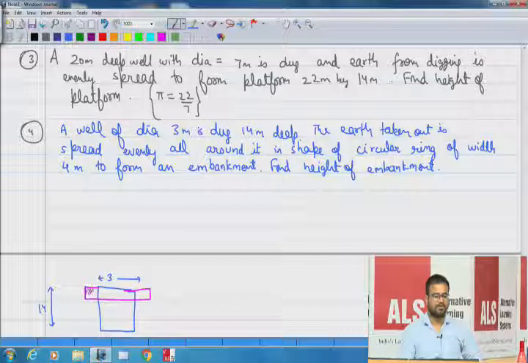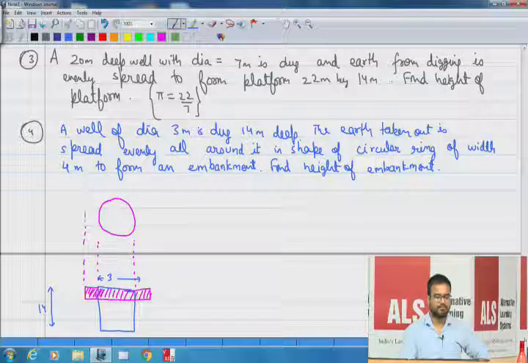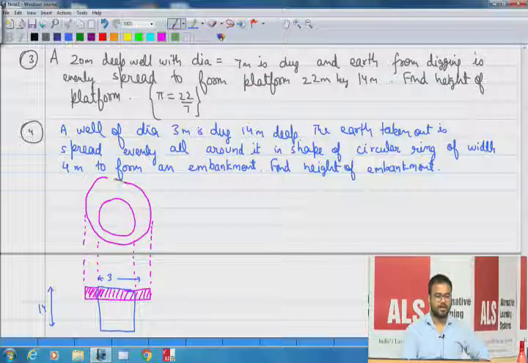From the front, it will be like this. But from the top view, it will be somewhat like this. This is the circle for the well, and this is the embankment.